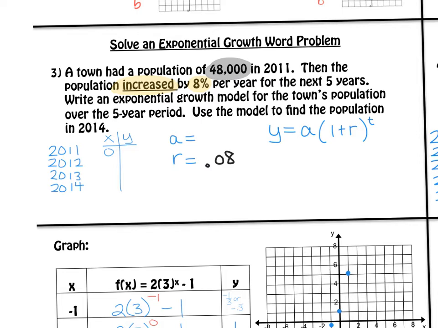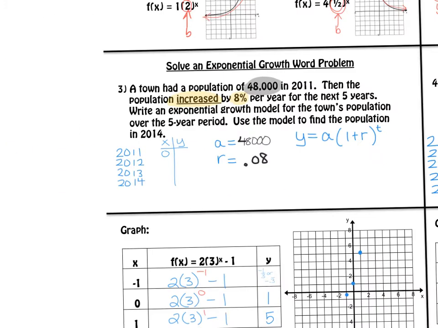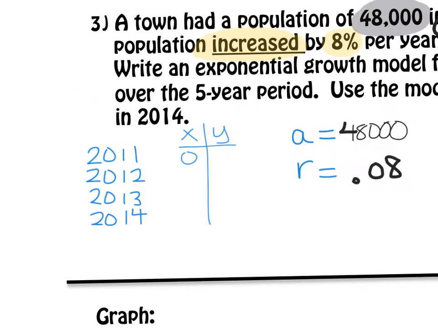So I know that my initial value is 48,000. So that means, since we're talking about years, 2011 is like your initial year. It's your year 0. So I've started a table because they want to know about 2014. So this is 1 year later, this is 2 years later, this is 3 years later.